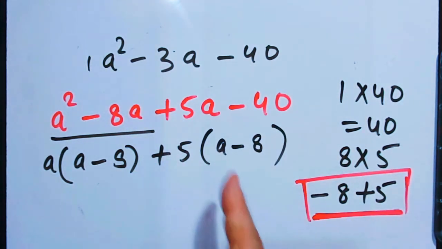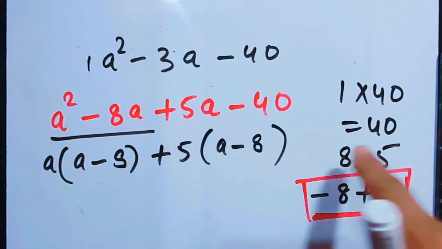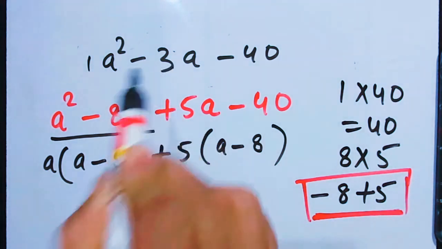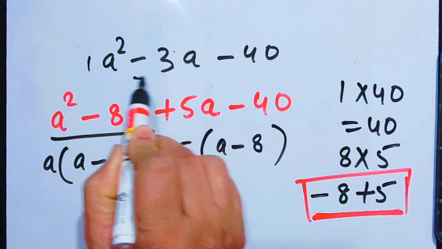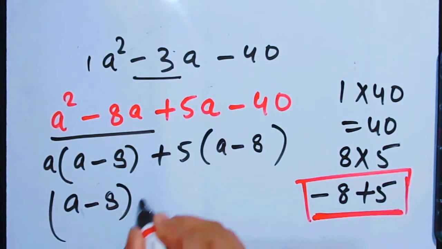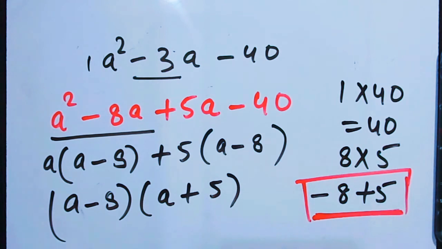So the most important thing was that if you are taking 8 and 5, you have to take them according to their sign, such that when you add them you should get the middle term with the sign, isn't it? So a minus 8, and here you have a plus 5. A minus 8 and a plus 5 as your final solution.